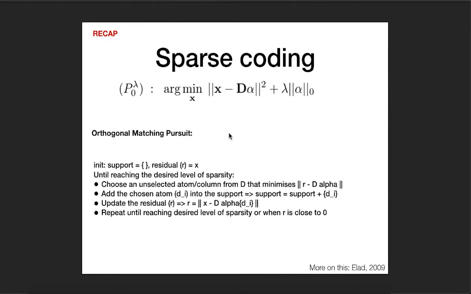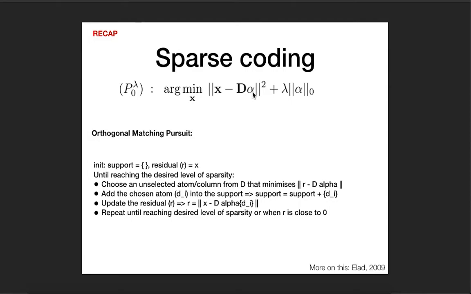It's as follows. You initialize the support and create a residual. We saw this in the last class, it's just a recap. We keep adding atoms into our support so that the error keeps decreasing. First we start with the residual as X, and we choose one atom which minimizes the error most.